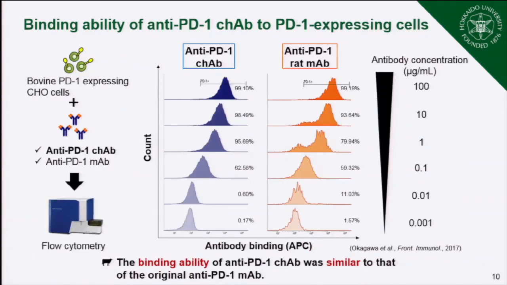Then we checked the function of our chimeric antibody. First of all, I analyzed the binding ability of the PD-1 chimeric antibody to PD-1 overexpressing cell lines. As you can see in the blue histogram, the binding ability of the PD-1 chimeric antibody was similar to that of the original monoclonal antibody from rat.